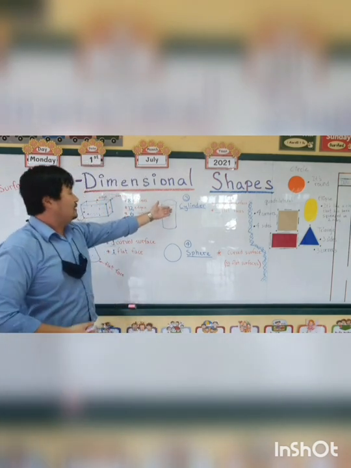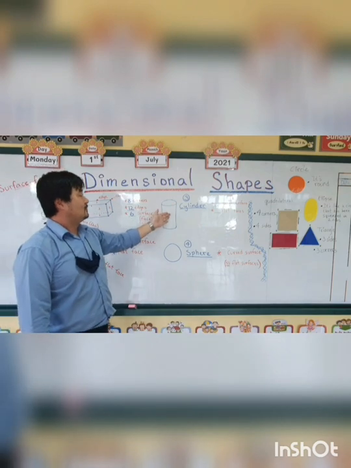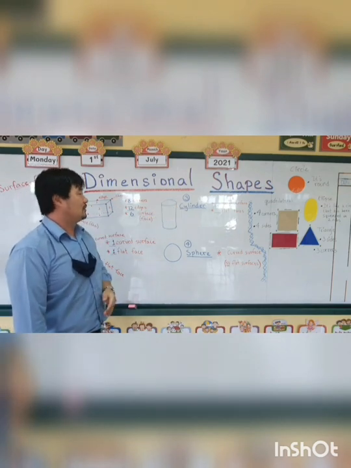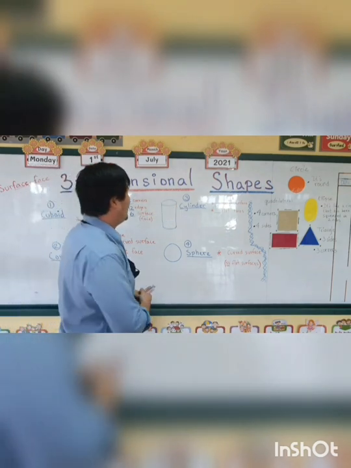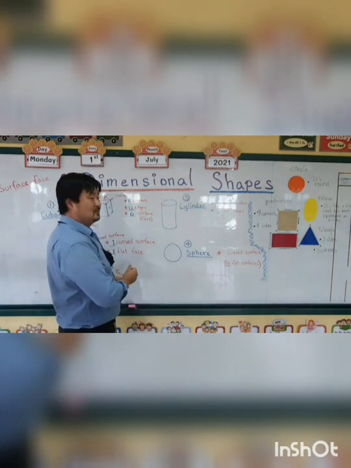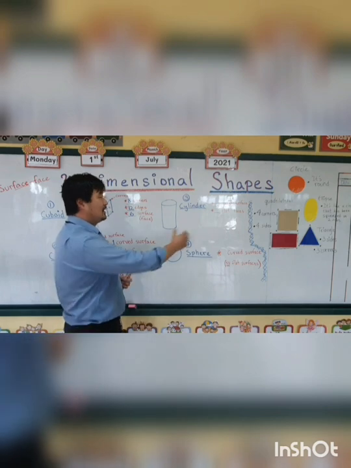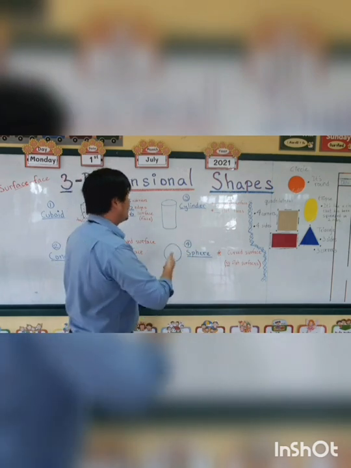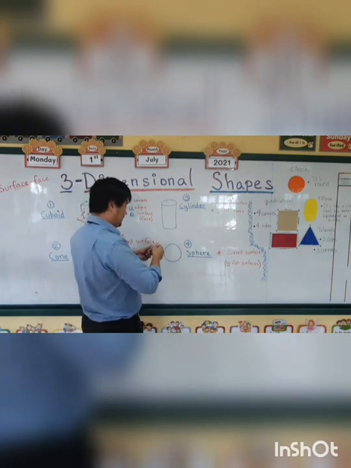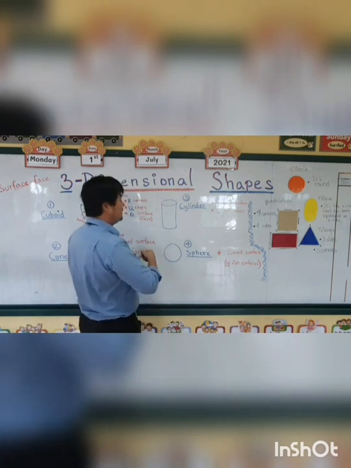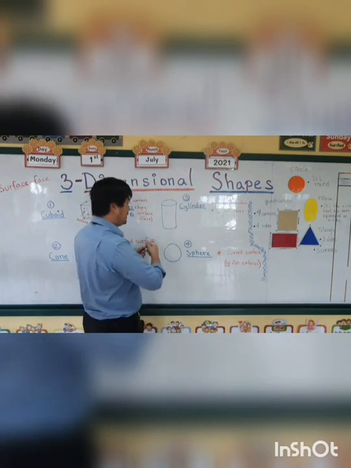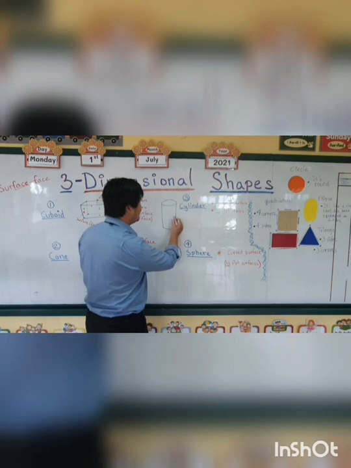So number 3, what is this solid? It's a cylinder. Good. And what defines a cylinder? It has a curved surface. Good. Where is the curved surface? Anyone? Here? Right. Yes, it is.